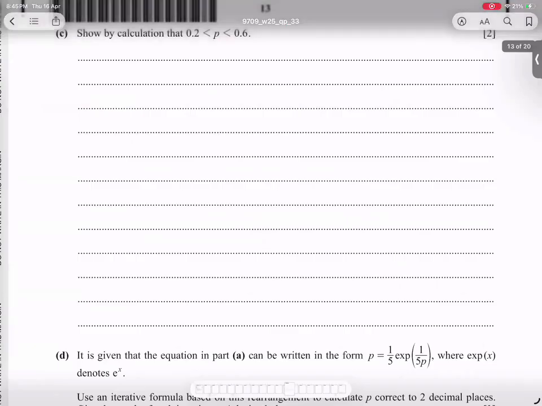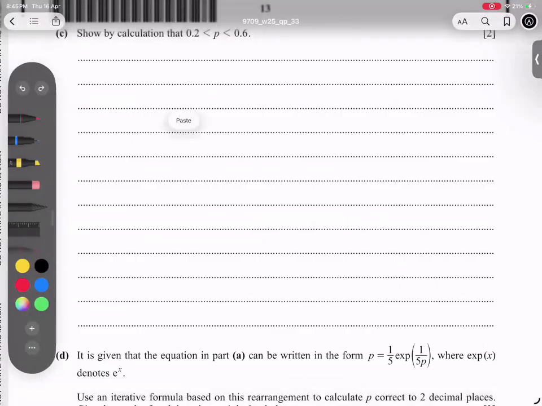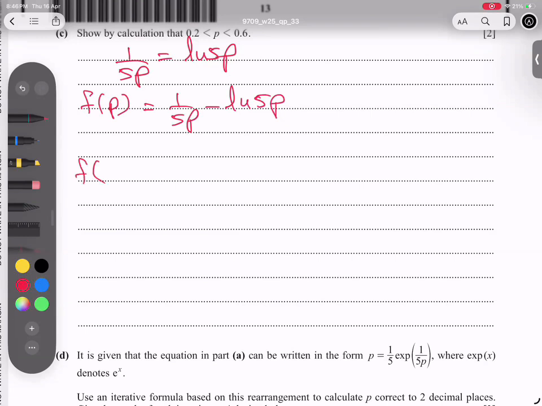Have a look, students. I will take f of p, 1 over 5p minus log of 5p. Now I'm going to replace every p by numbers.